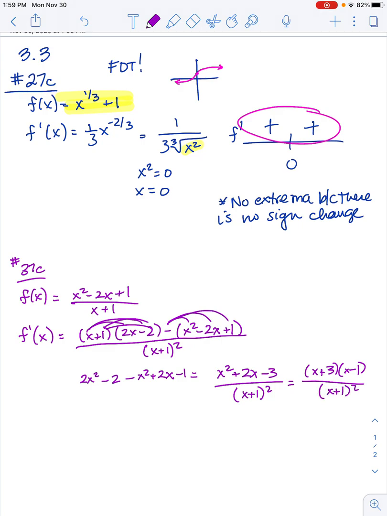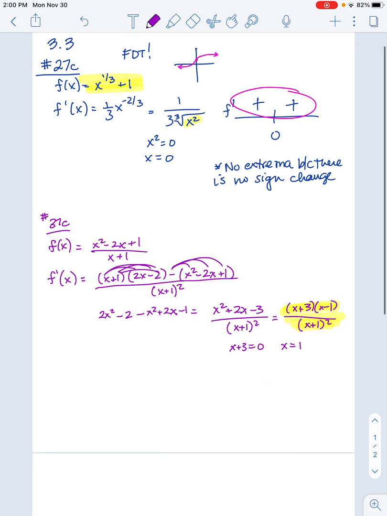So I'm going to take this derivative, this is the final f prime, and set the top equal to 0, and then the bottom that's being raised to a power equal to 0. So I've got negative 3, positive 1, and then negative 1 as my 3 critical numbers.